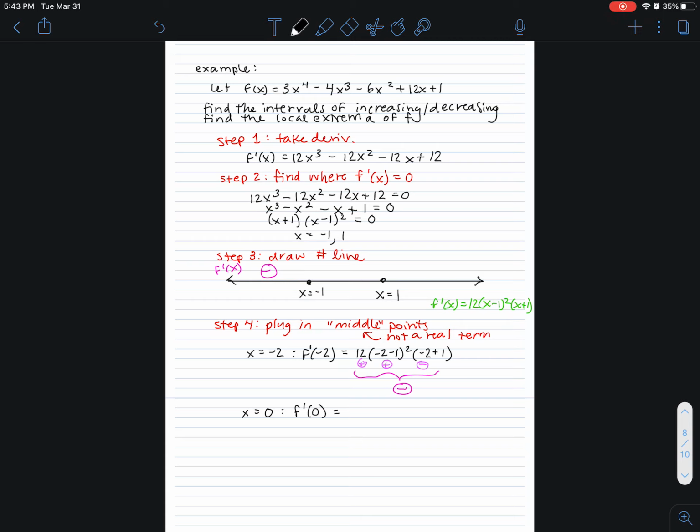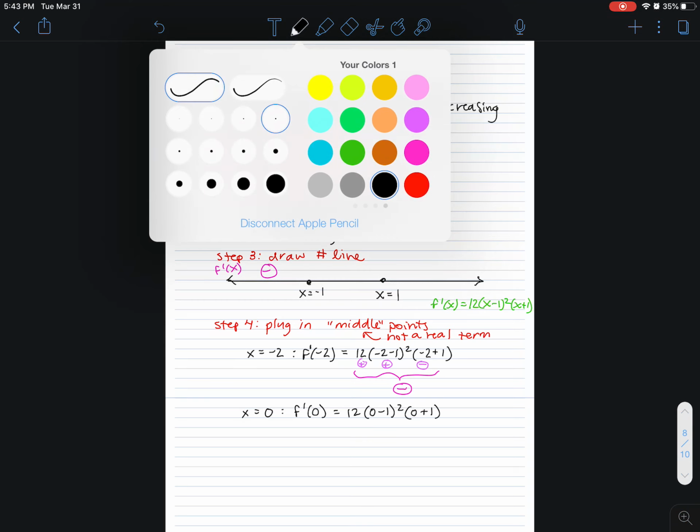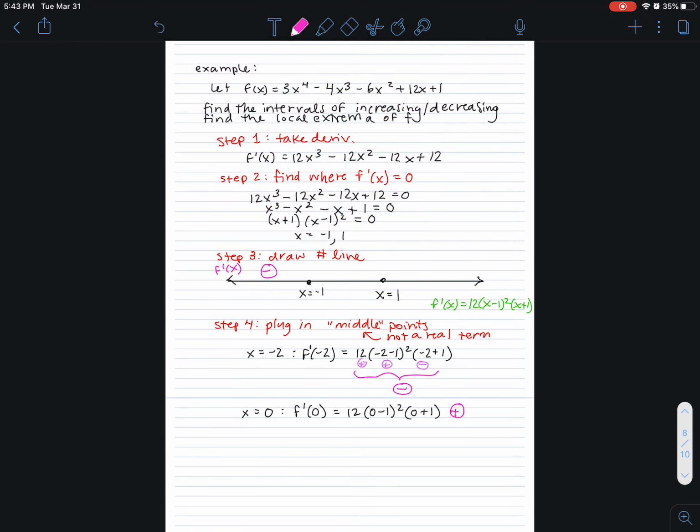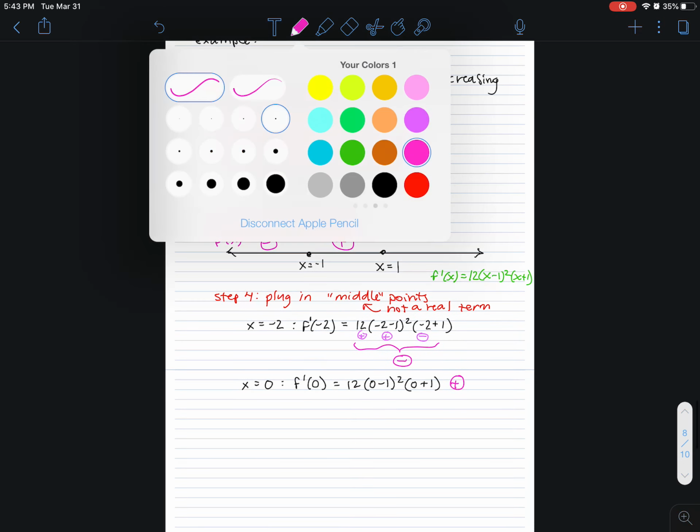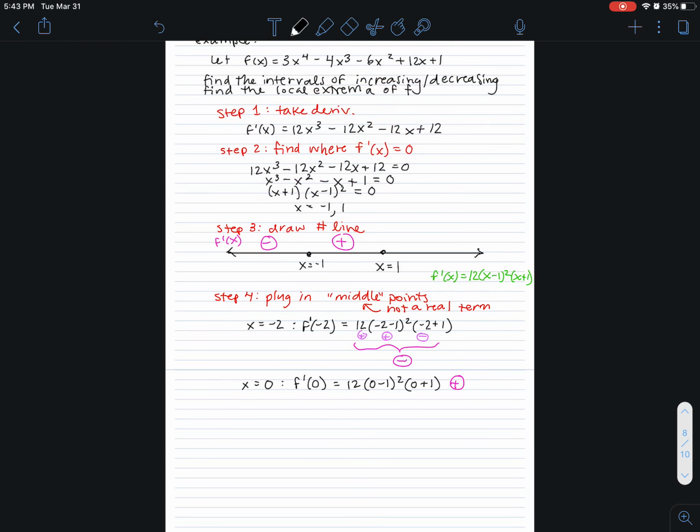F prime of 0 is going to be 12 times (0 minus 1) squared times (0 plus 1). Negative 1 squared is positive 1, so it's just 12 times 1, which hopefully you understand is positive. So we have a positive slope right here. All right, we have one final section to check.